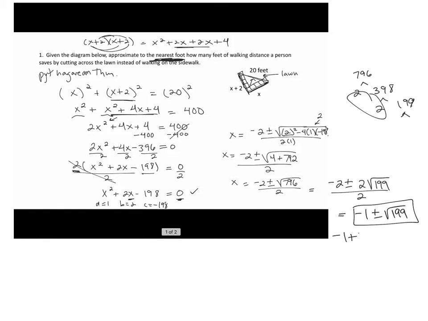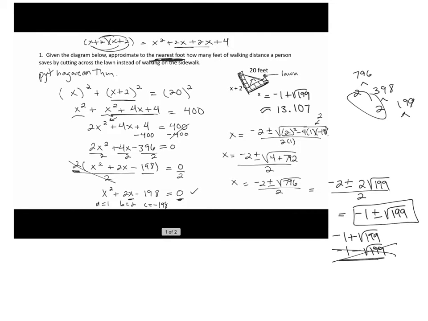Negative 1 plus root 199 and negative 1 minus root 199. So if I do minus, this is going to be a negative number. I don't want that.